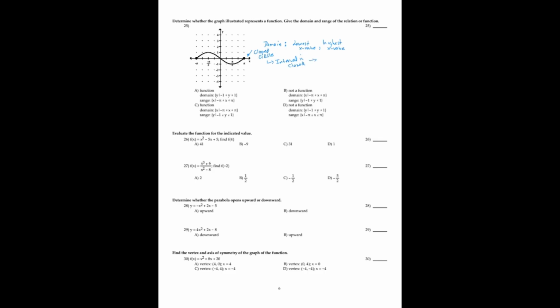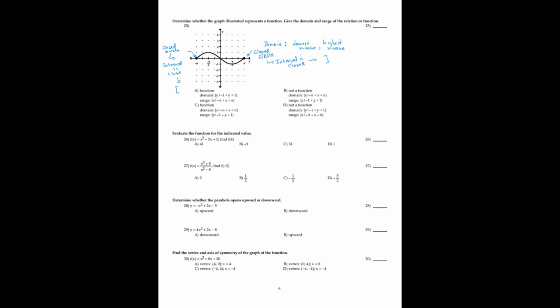And the same story over here. It's a closed circle, so the interval is closed at that extreme. And if the interval is closed, we're going to use a bracket also at this extreme, right?